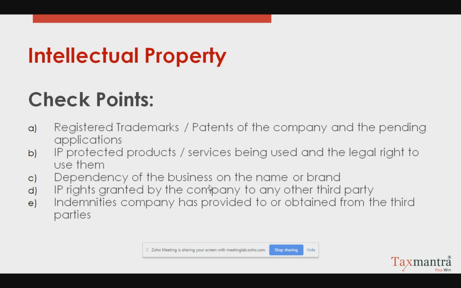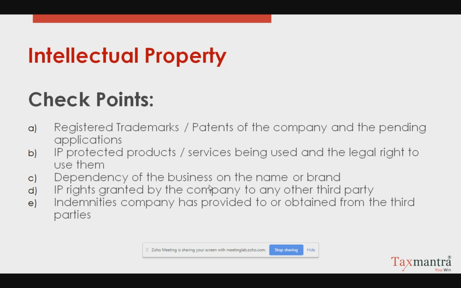So registration of trademarks and patents has become very important for every company, and it has become very important for the investors as well to check what the company's rights are from the intellectual property point of view.